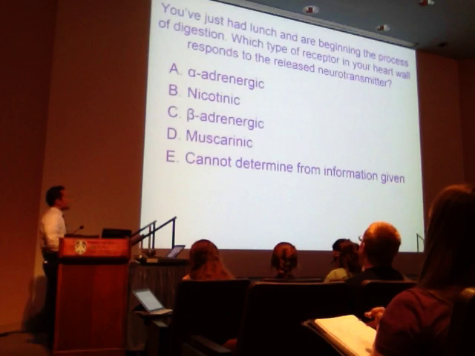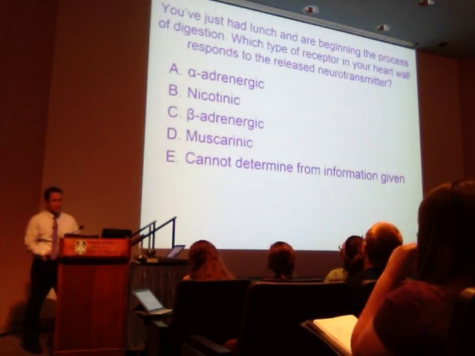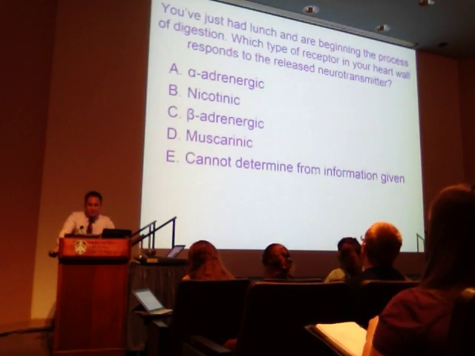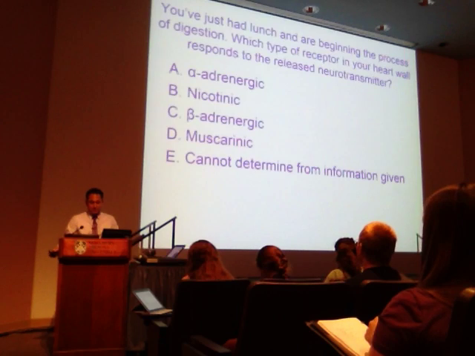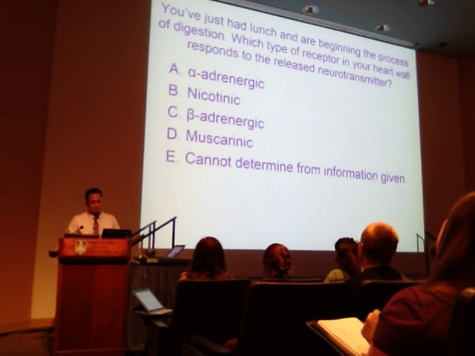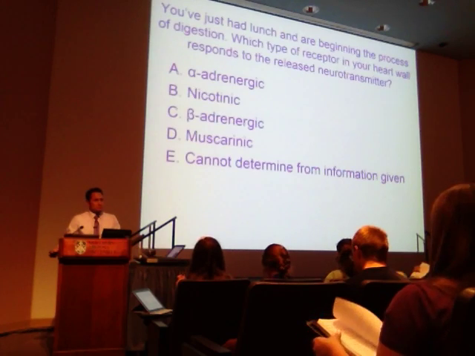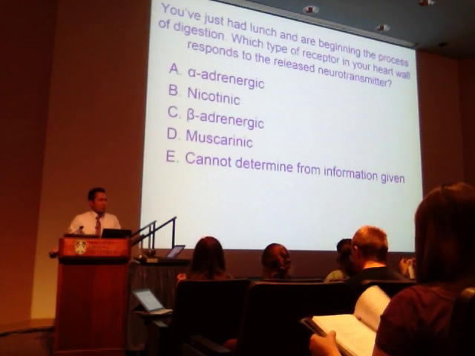Okay? All right, let's ask this last question. You just had lunch, you're beginning the process of digestion. What type of receptor in your heart wall is responding to the released neurotransmitter? I'm asking about the heart.